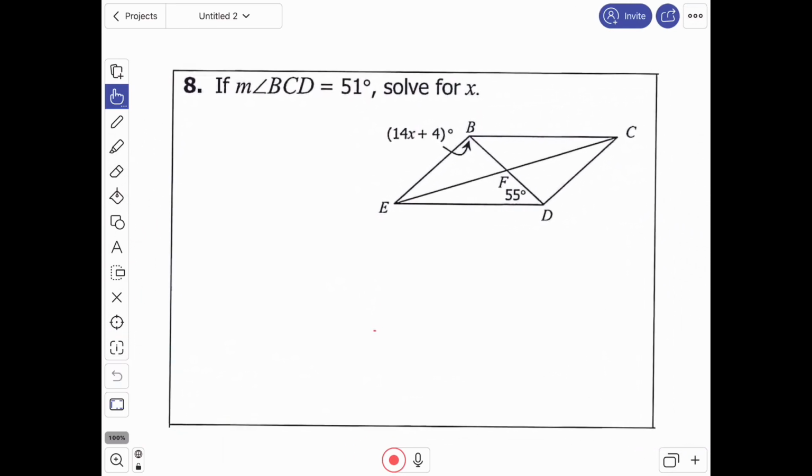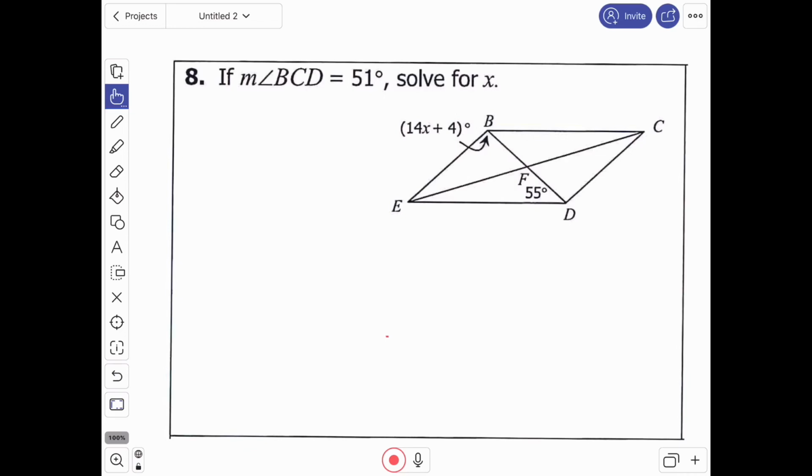Now we have number 8. So 8 was by far the hardest, and it was hard if you didn't mark up the things that you knew. So the first thing that I would have marked up is this idea of angle BCD is 51. So angle BCD would be B-C-D, that's this whole angle right here, okay?